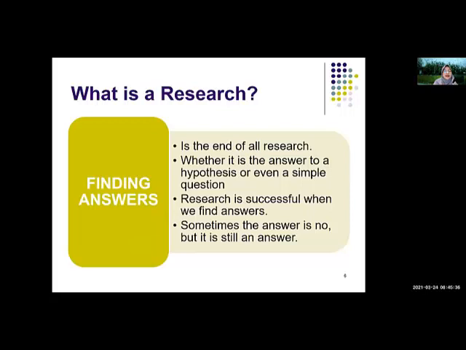Finding the answers is the end of all research, whether it is the answer to a hypothesis or even a simple question. Research is successful when we find the answers. Sometimes the answer is no, but it is still an answer. So don't feel that you fail when you cannot find the answer yes.